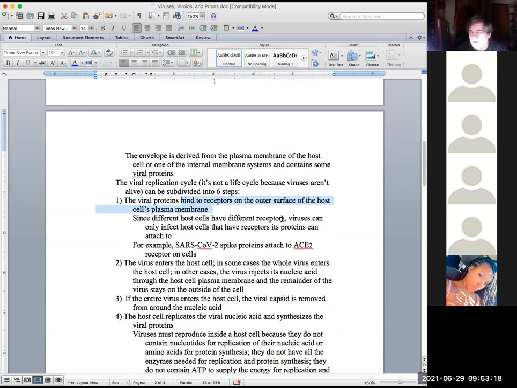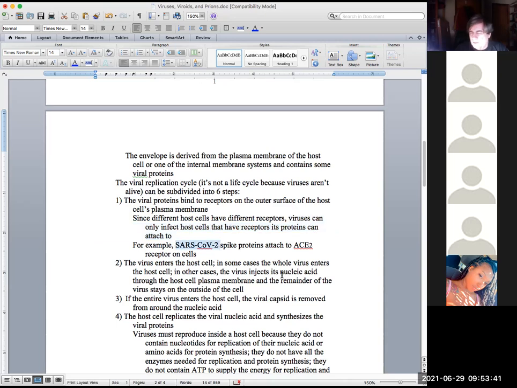Different host cells have different receptors. So viruses can only infect host cells that have receptors its proteins can attach to. Well, what decides whether its proteins can attach to the receptors? Shape. Remember, it's always 3-dimensional molecular shape for molecules.